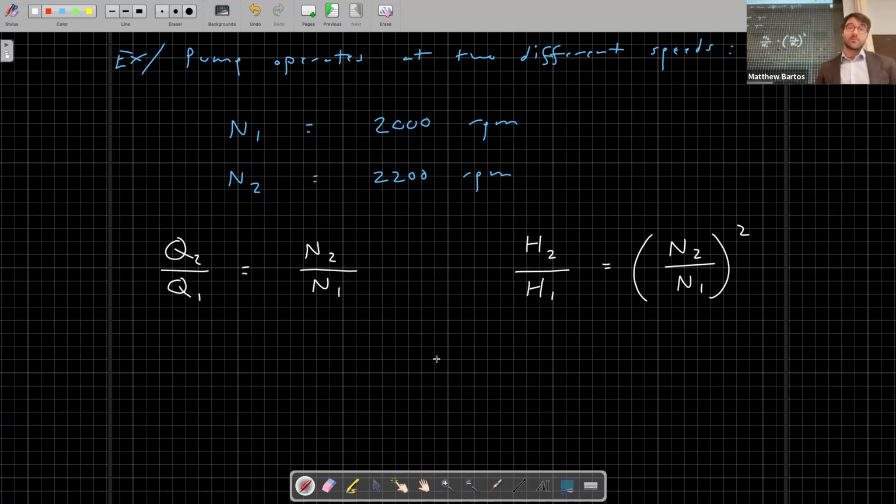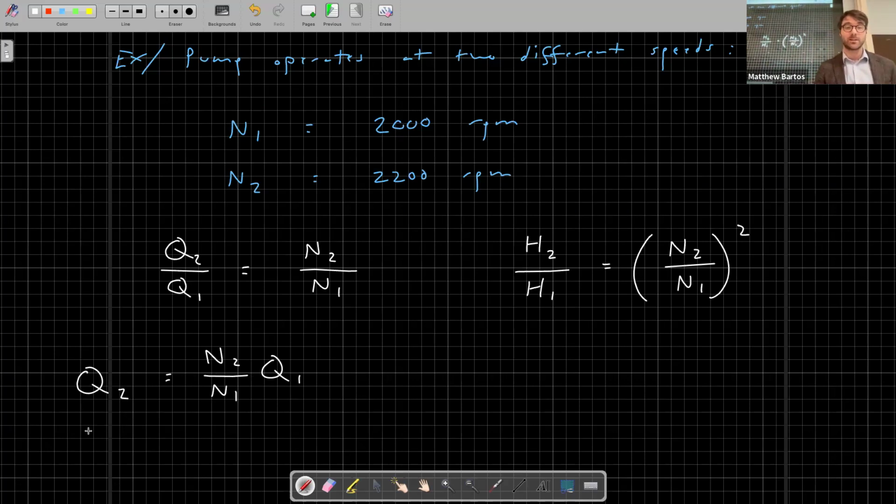So let's say we have a set of discharges for our pump operating at 2000 RPM. We want to compute the discharges for the pump operating at 2200 RPM. We can rearrange this first expression so that Q2 is equal to N2 divided by N1 times Q1.